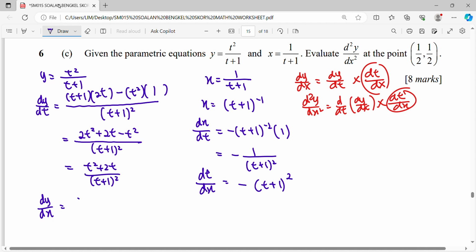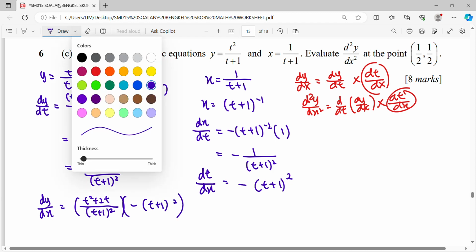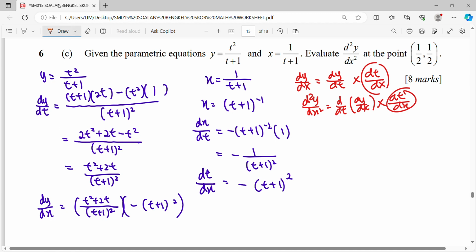Substitute our dy/dt, times dt/dx. Then what can you see? Cancel for the factor of t plus 1 squared.